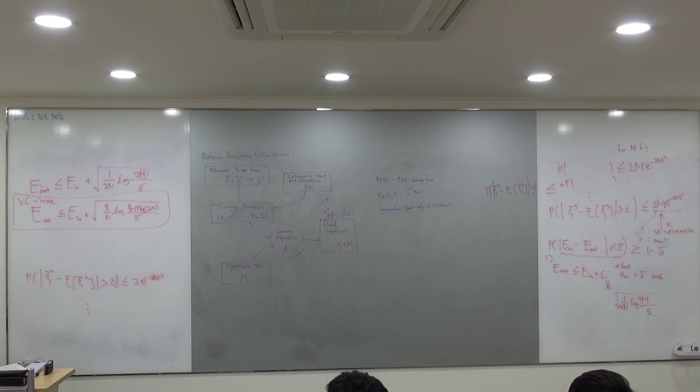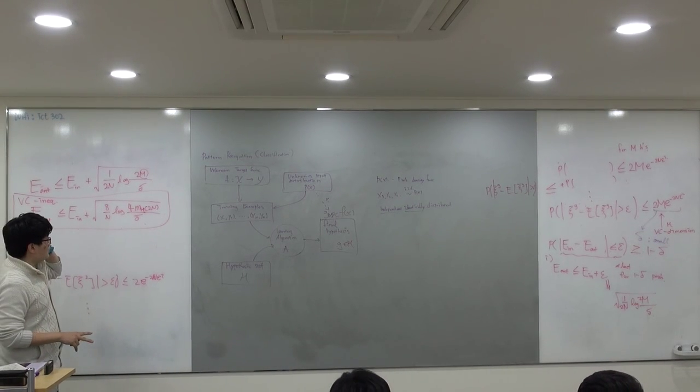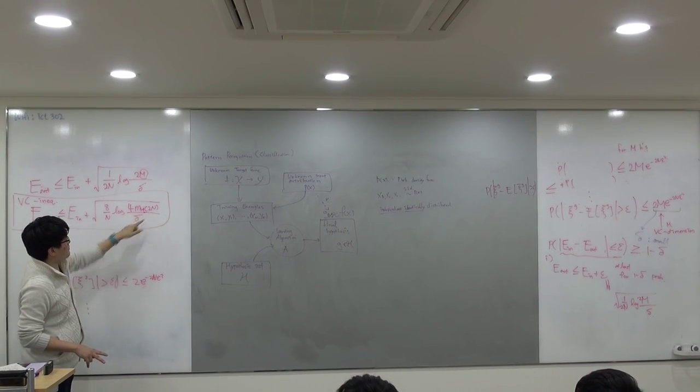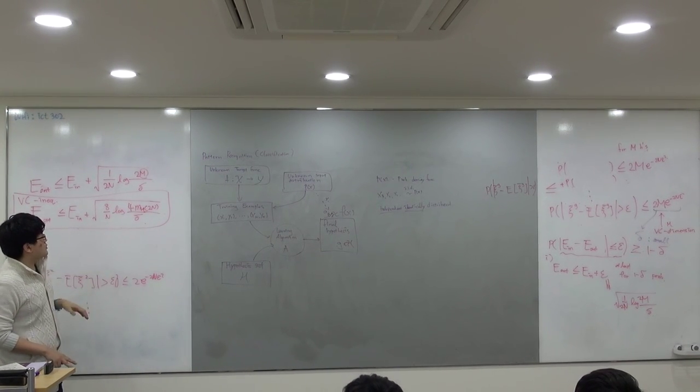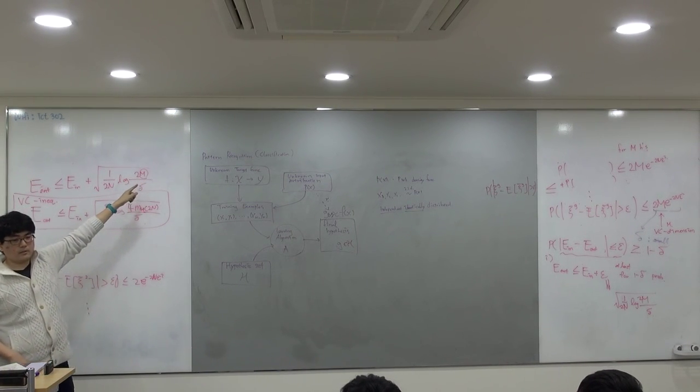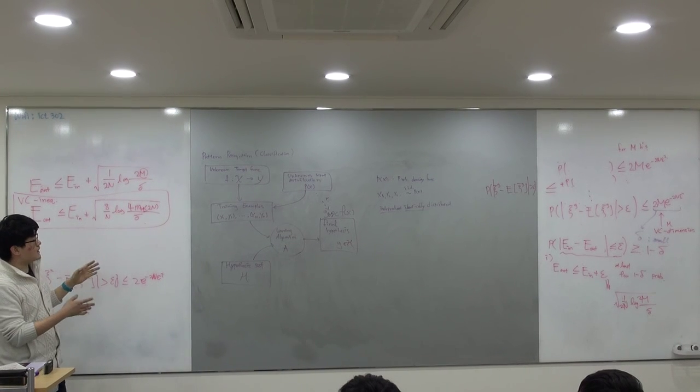The VC inequality is satisfied when you consider the hypothesis set as the straight line, and there are only two classes, the binary case. But that's because of this MH term. MH is the effective number. I mentioned that we want to replace this large n because it's not tight.